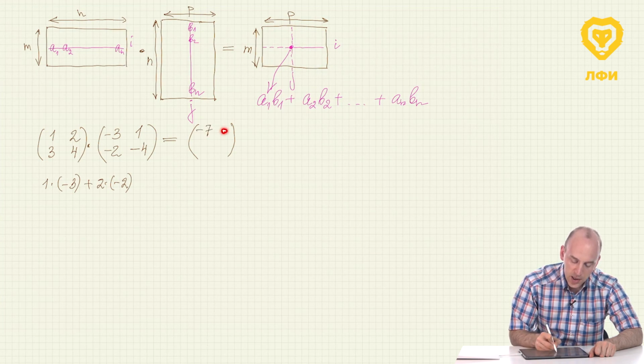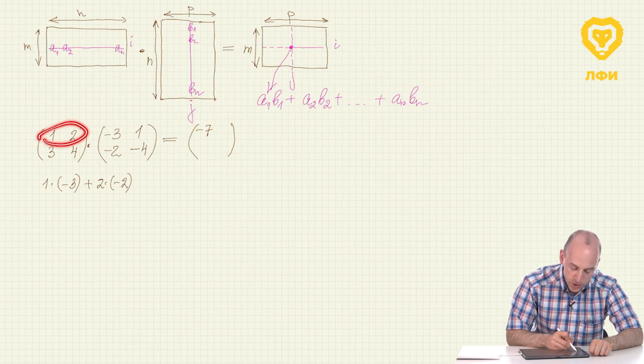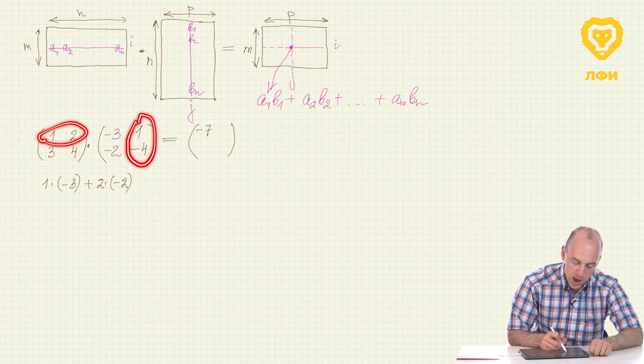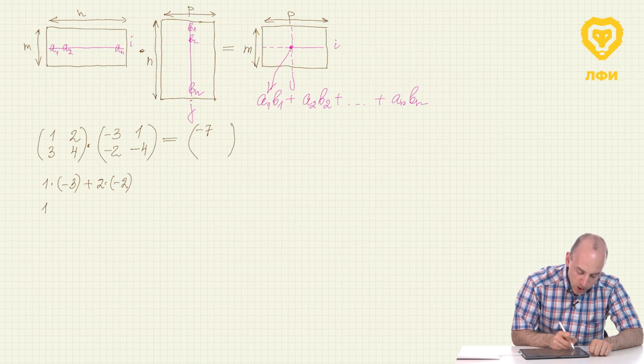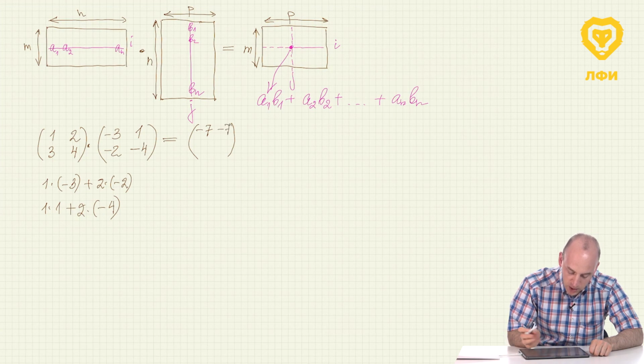After that, to get the second element, we proceed in the same way. This element is situated in the first row and in the second column. Therefore, we take the first row and the second column and multiply them by each other. So we have 1 times 1 plus 2 times -4, and by mere coincidence we get -7.